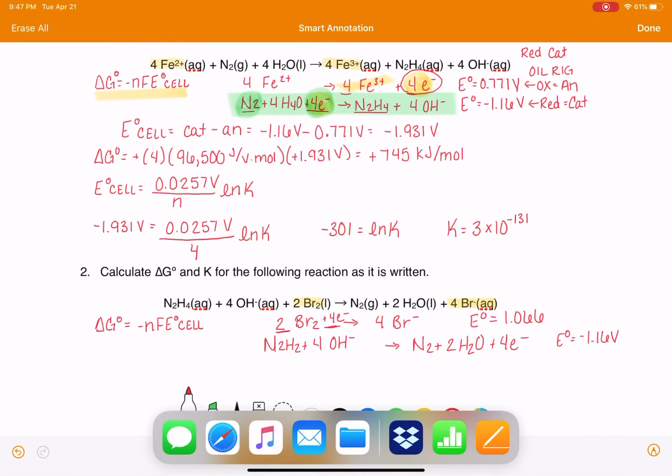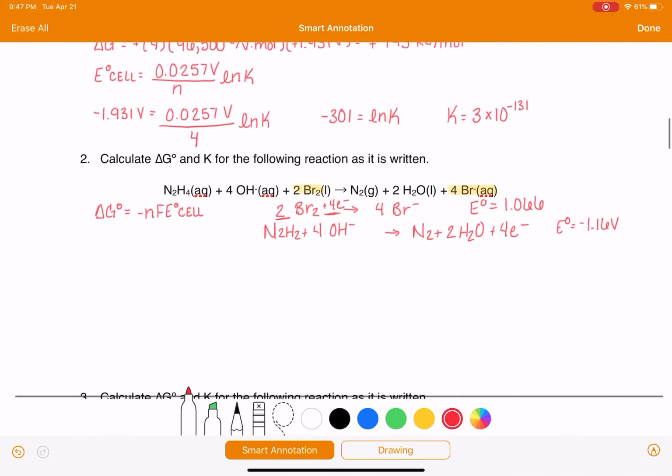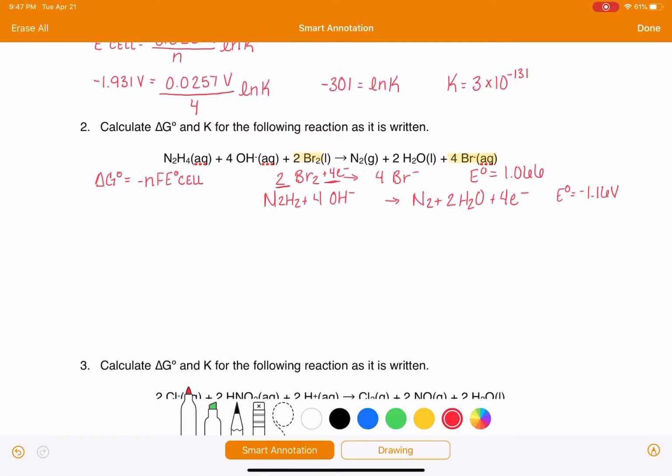In order for us to be able to plug this into E cell correctly, we need to know what's what. Looking at the position of the electrons, oxidation is loss, so this is our oxidation. Reduction is gain, so this is our reduction. Red cat, this is the cathode, and the other one is the anode. Oxidation is at the anode.